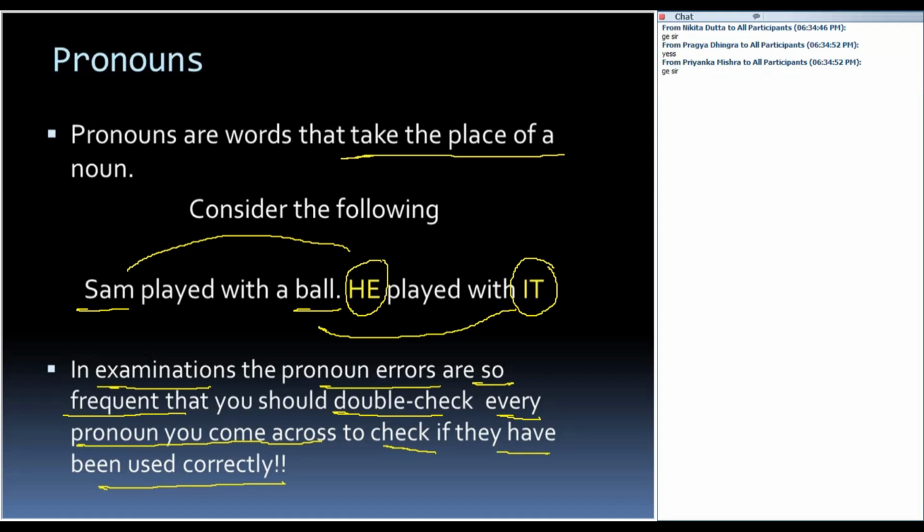And in error correction, the best way is actually to read the sentence slowly and carefully. Right now, you are looking only for one particular error. When we take the topic modifiers, you are looking only at modification errors. Similarly, when we take subject verb agreement, you are looking at only one particular error. Today also, when you take up an exercise on pronouns, you are looking at it only from one angle, that is pronouns.